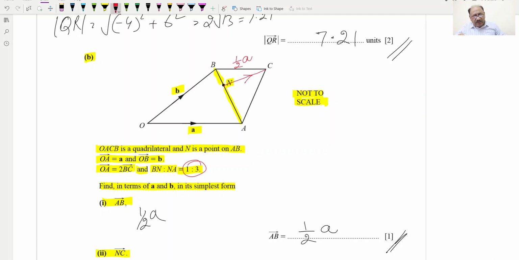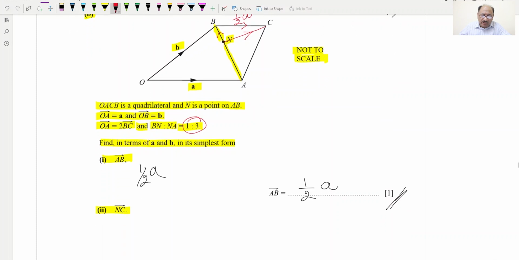So to find NC, we can take NB, which is this direction, plus BC. So NC is equal to NB plus BC, but we don't have NB, so we need to find NB, and to find NB we need to find AB.